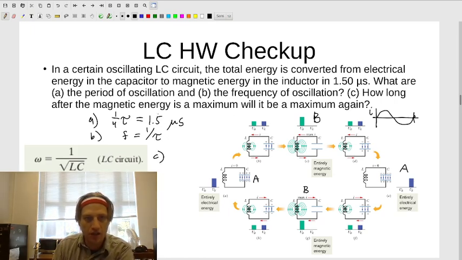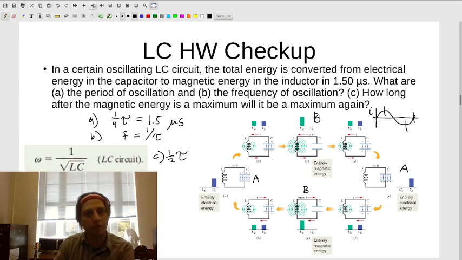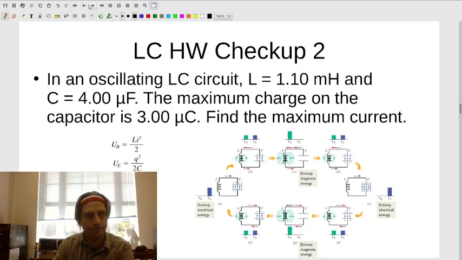So part C, once you find that period, you can look at this and realize that the magnetic energy is a maximum every time the current amplitude is a maximum. So it happens here and there, and so it's going to be just 1/2 of the period. Okay, so I'll let you put in the numbers, but I hope the idea is pretty clear there.